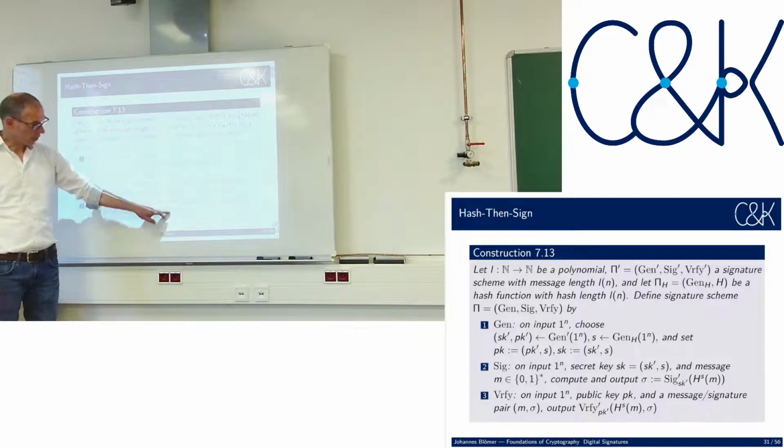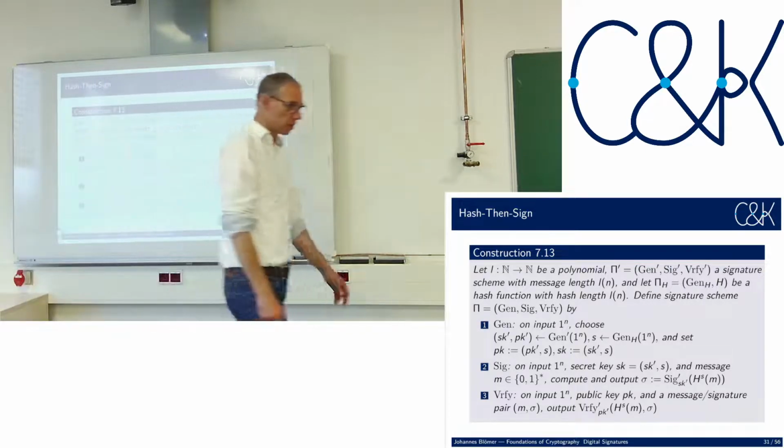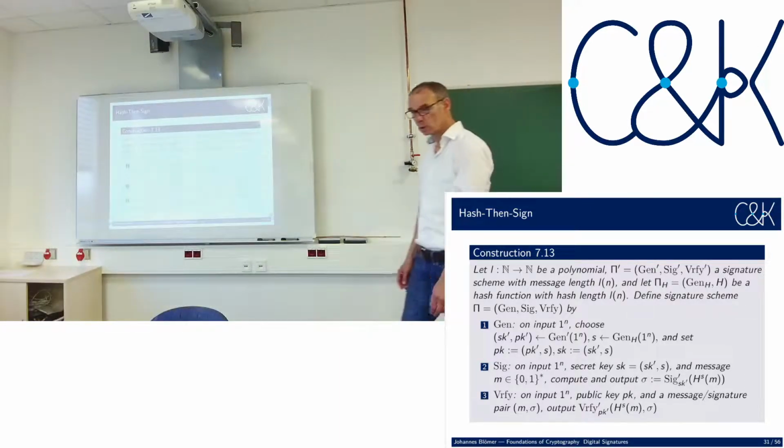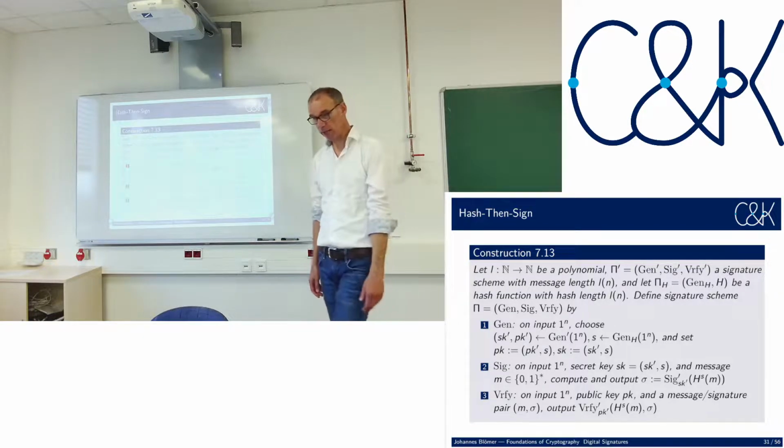And since it also knows s, that's no problem. So it checks that sigma is really a valid signature on the hash value of message m. So hash then sign: instead of signing the message directly, you always sign the hash value. That is hash then sign.